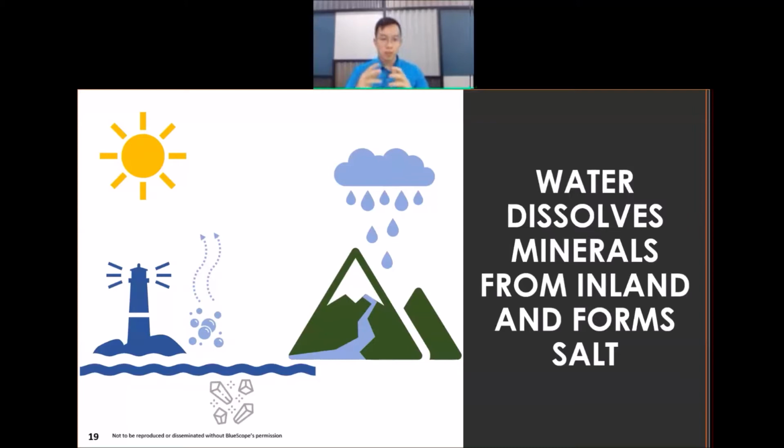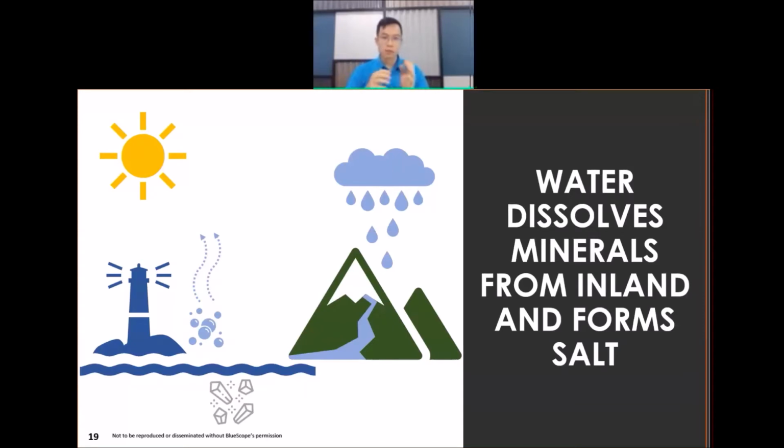And typically, all these waters will dissolve minerals, right? And by dissolving the minerals, it actually form salt. And salt is being brought into the ocean by river, the vehicle of river.